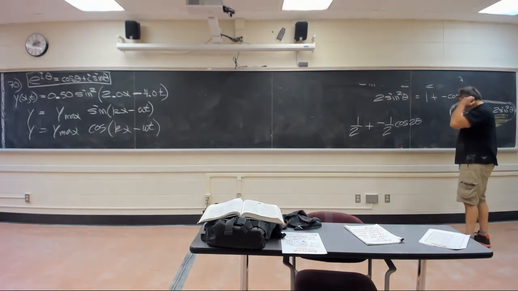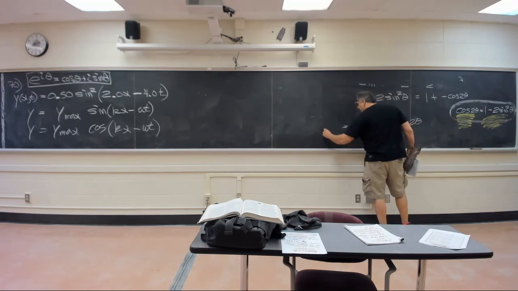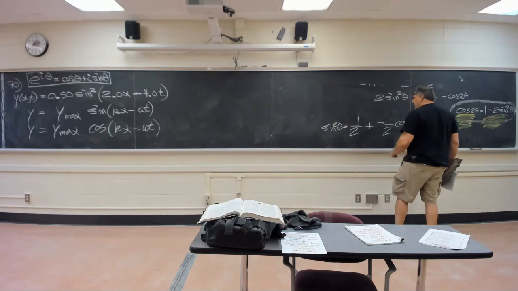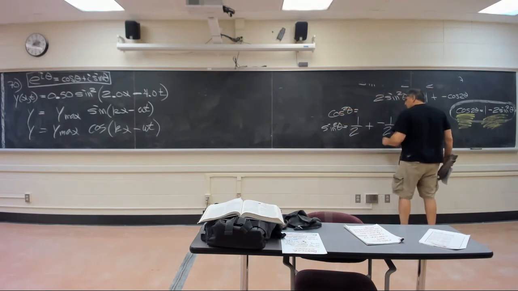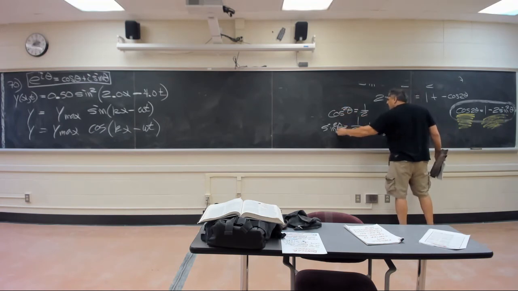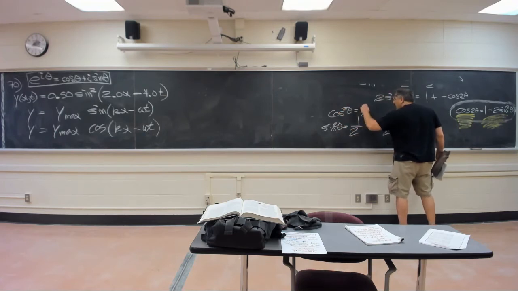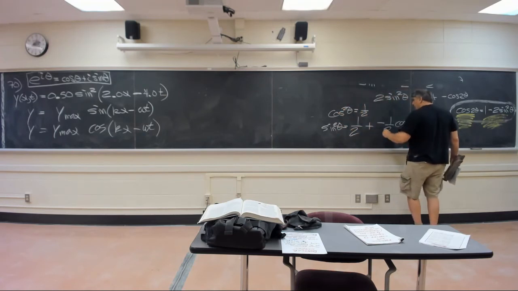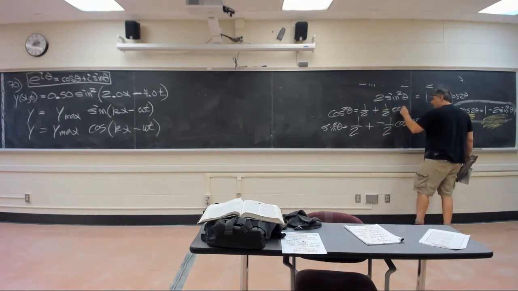If that's equal to sine squared theta, the cosine squared theta comes out to, what's a half and a half? It's 1. Cosine squared theta plus sine squared theta is 1. 1 half and 1 half is also 1. This would have to be a plus 1 half cosine 2 theta.